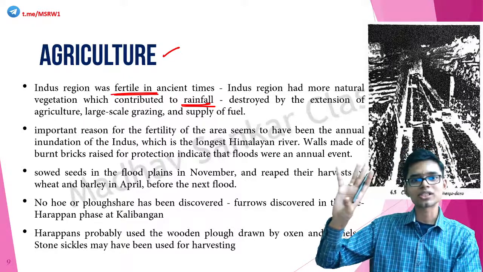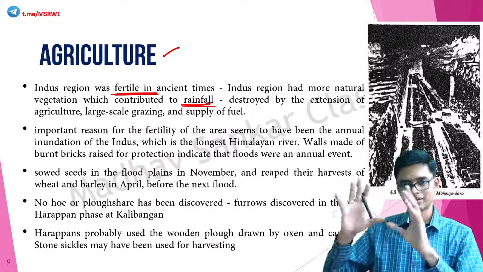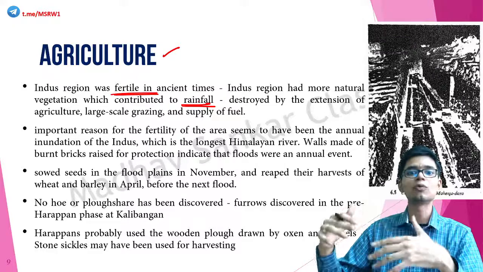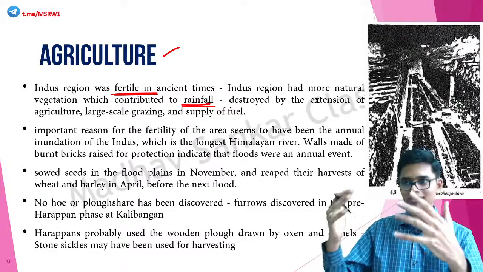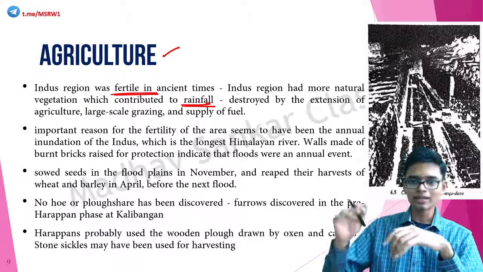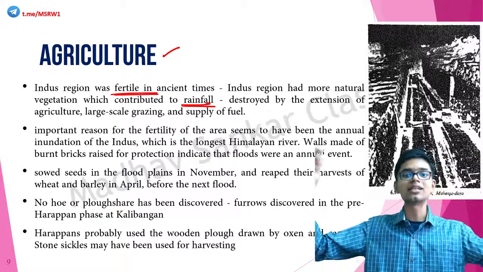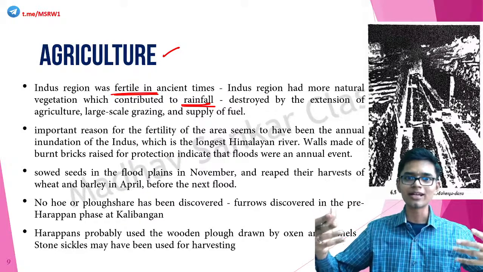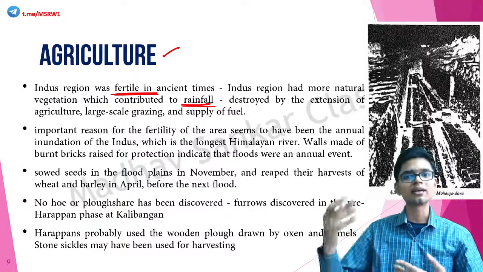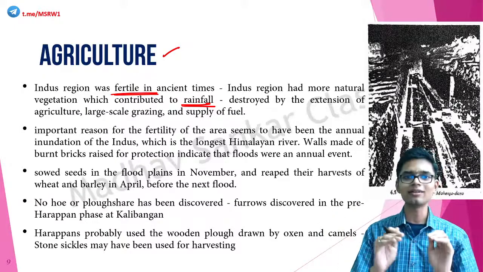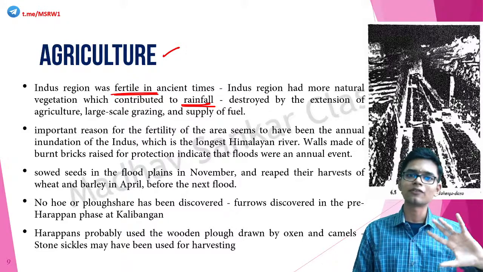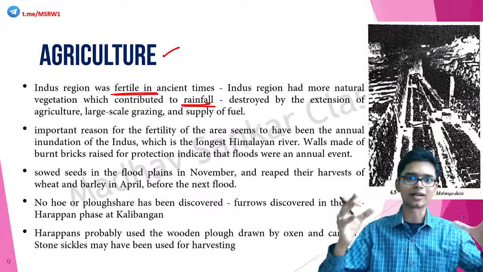During those times, unlike modern day northwest India, that region had much more natural vegetation, and this facilitated rain. In the younger classes, we have studied that trees are very important for rain. If you cut down all the trees and contribute to deforestation, then rains will also go away. Same thing happened here.